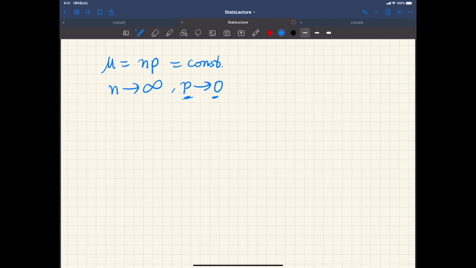But we are trying infinitely many coin flips. Still, we have this mu constant. But remember what this np means in the binomial distribution? It is the expectation value of this random variable, right? So this parameter mu of the Poisson distribution represents the expectation value. It is indeed the expectation value of the Poisson variable.